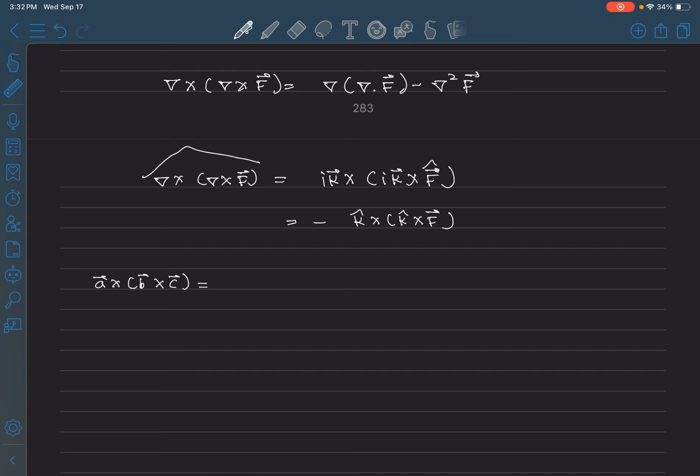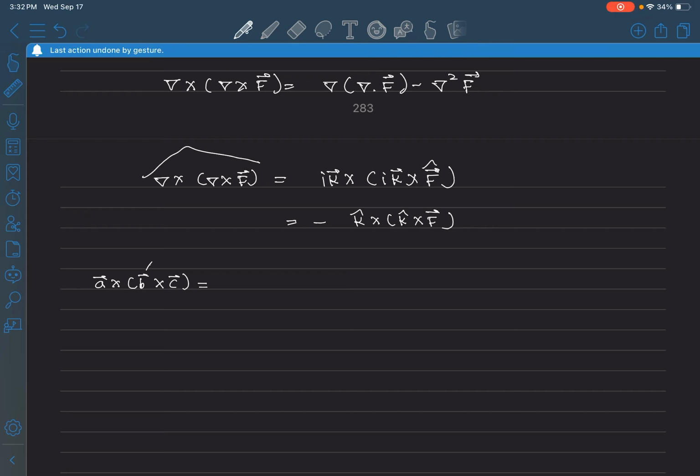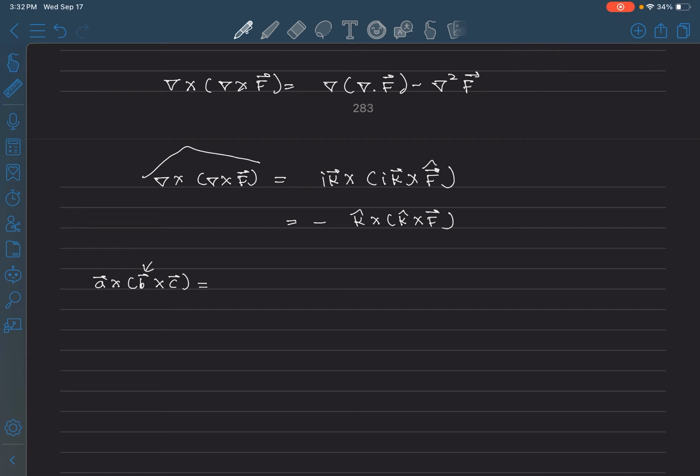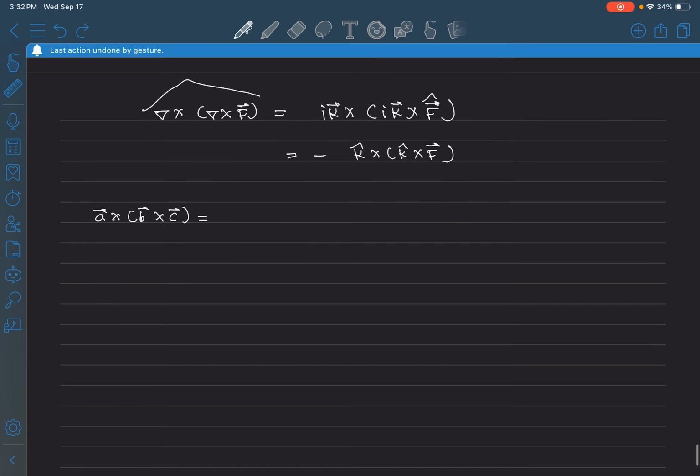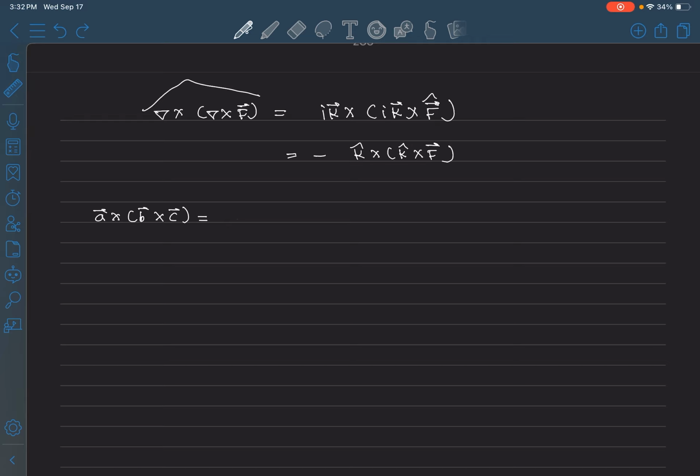We could not use that formula directly before because those were just operators, but now these are actual terms, not just operators. The formula from vector calculus is b vector times a vector dot c vector, minus c vector times a vector dot b vector.